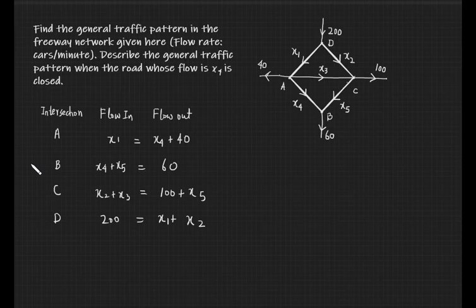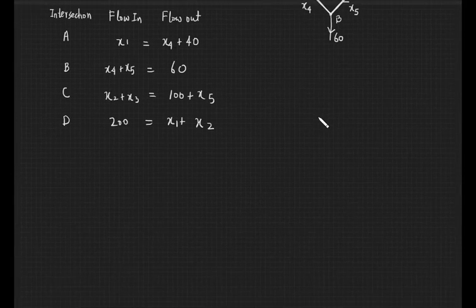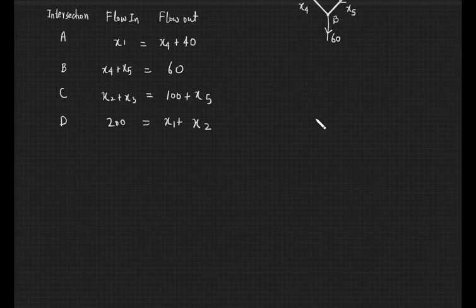Now if we rearrange these equations into a system of linear equations, the total number of variables is 5: x1, x2, x3, x4 and x5. The first equation has no x2, no x3, it has x4 which is on the right hand side, so we write x1 minus x4, and we don't have x5, equals 40.